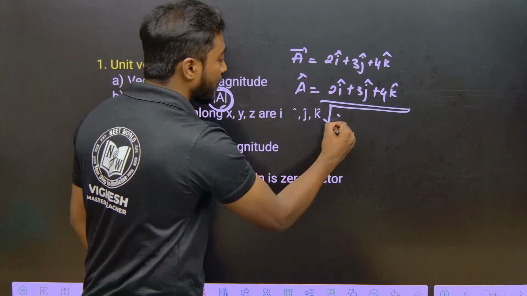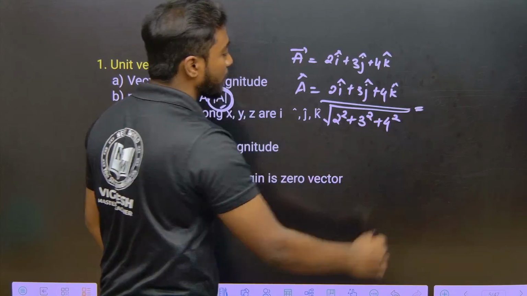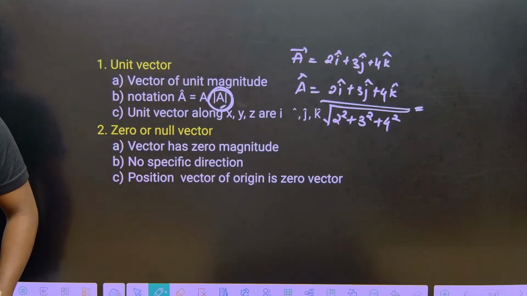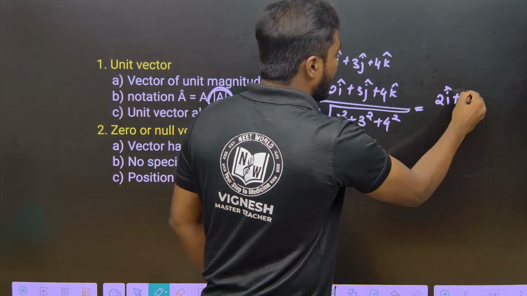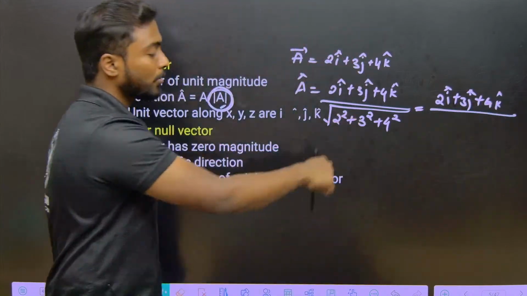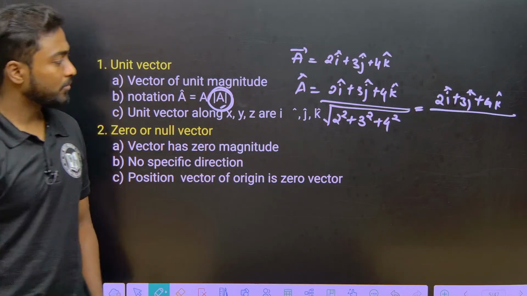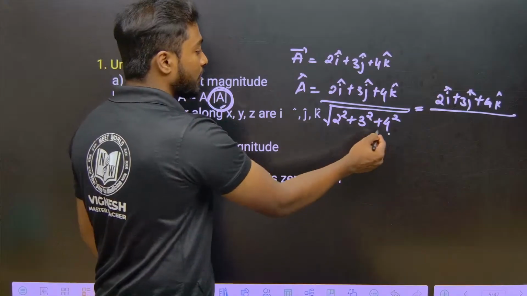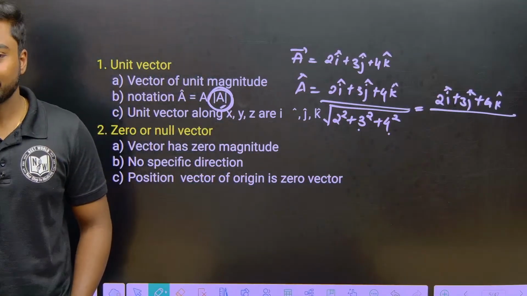Magnitude in the sense 2 square plus 3 square plus 4 square, so 2i cap plus 3j cap plus 4k cap divided by the square root of 4 plus 9 plus 16, 29.